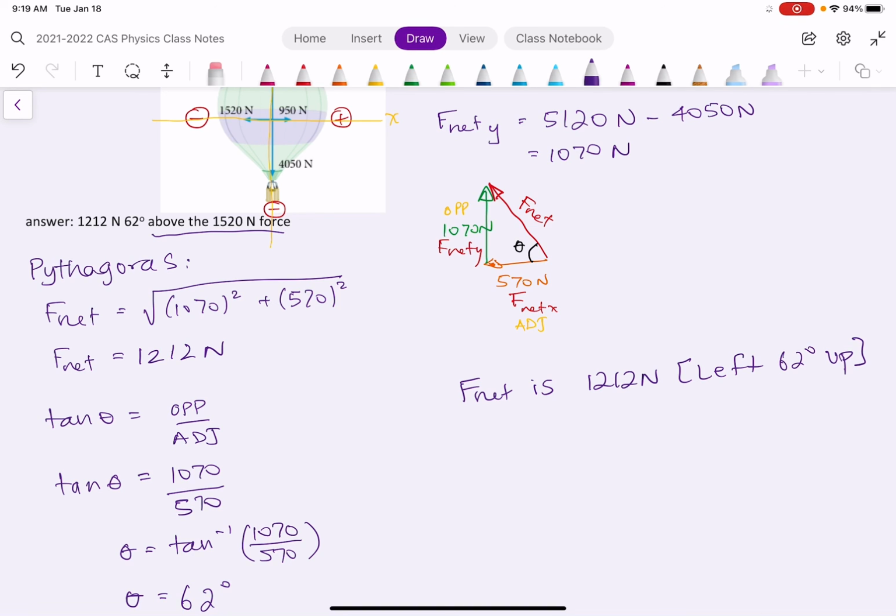There are a lot of ways you could have put it, but as long as it makes sense and you've communicated it in your answer, I would accept it. So you could have put up from left, you could have used the complementary angle and said down from, or left from up. There's a lot of different ways you could have put it. Okay?